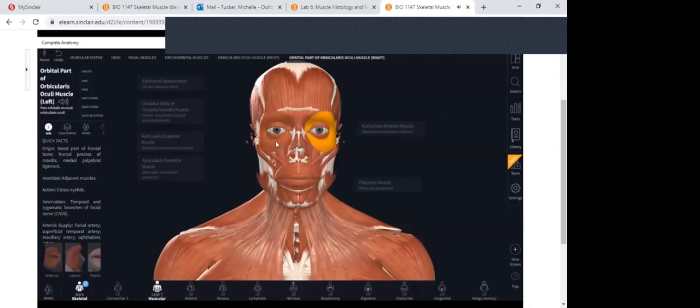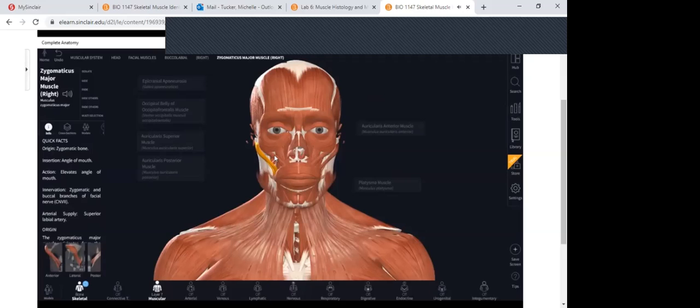These are the orbicularis oculi muscles, and when they contract, they will close the eyelids. These are the zygomaticus muscles, and when they contract, they will elevate the corners of the mouth.